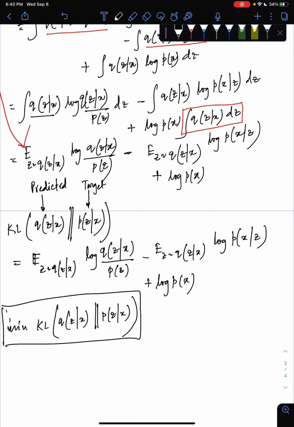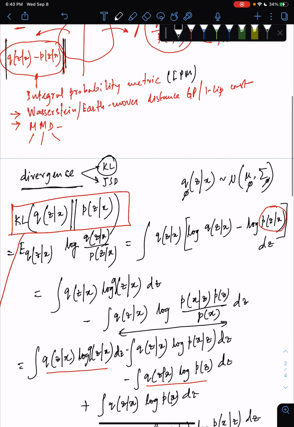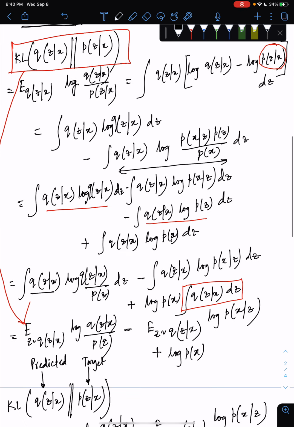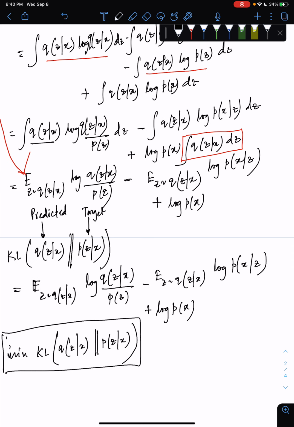Now here are some of the things. This q z given x, I told you, is a Gaussian distribution with a mean mu and a covariance matrix sigma, which are parameterized by phi. So these q's are nothing but a function with the parameters phi.